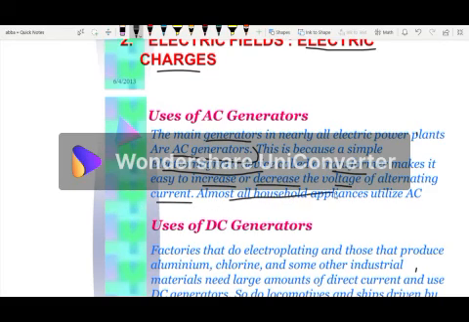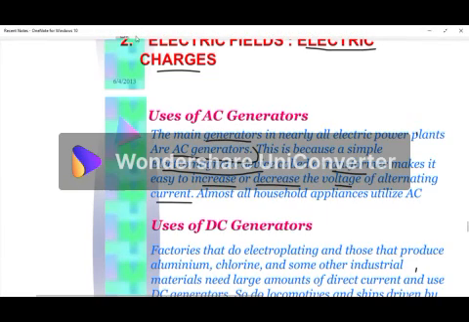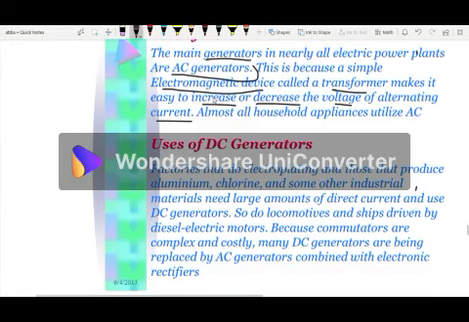Almost all household appliances utilize AC. This is very important. We use it at our homes. It's used to generate electricity. Even in our appliances, almost every one of them has got AC.